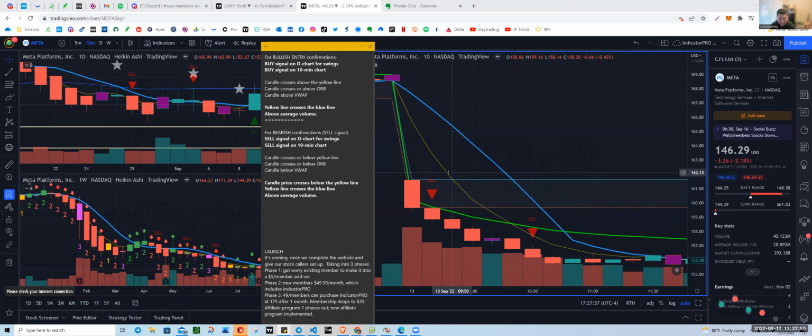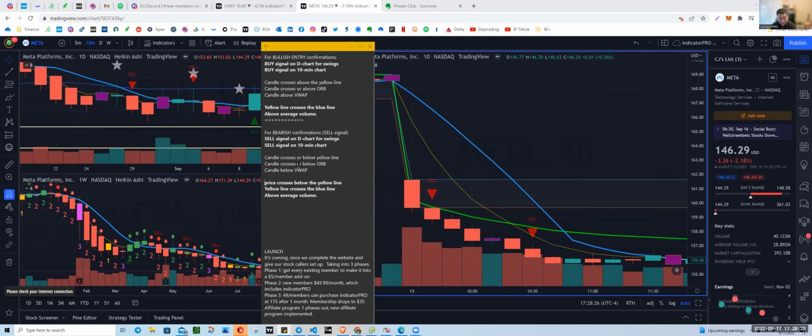So that's good. But even if you were to cross, that's still a confirmation. The candle is either crossing or below the ORB, and here's the ORB right here, below the VWAP, and that's the thick green line. The candle price crosses below the yellow line. That's actually the same thing.